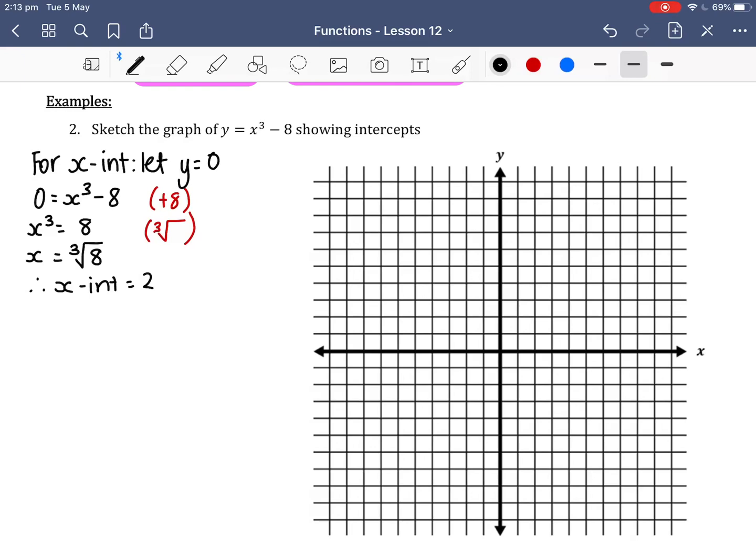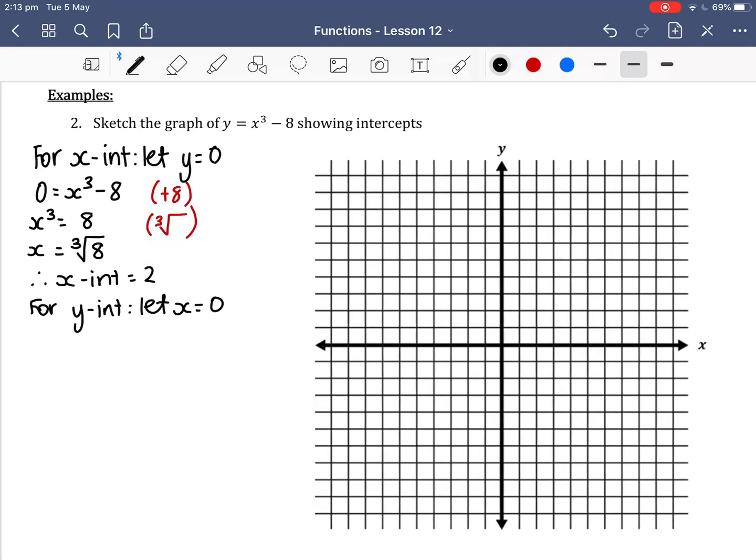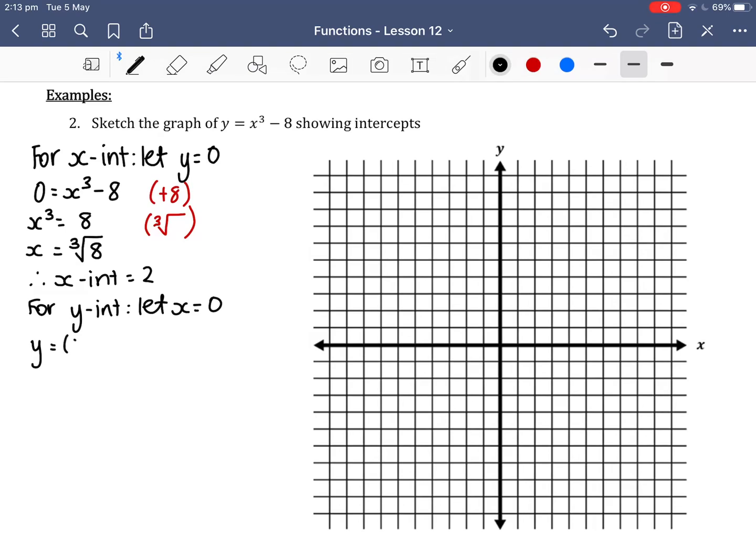We then want to find our y-intercept. So for y-intercept, we want to let x equal 0. So that means we'll have y equals 0 cubed minus 8. So therefore our y-intercept will be equal to negative 8. So then what we need to do now is we need to find out where our point of inflection is going to occur.